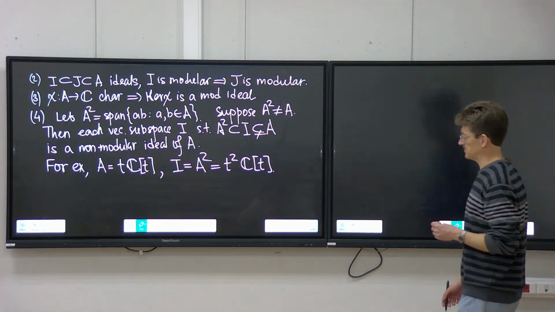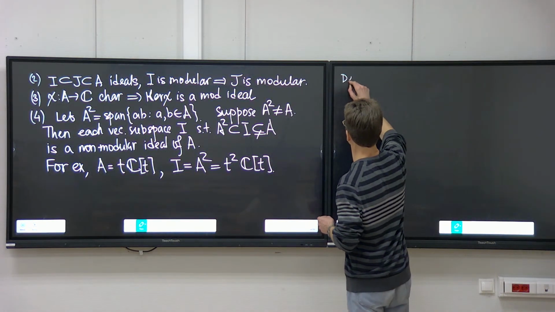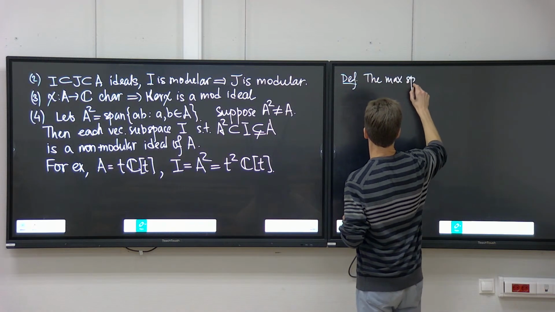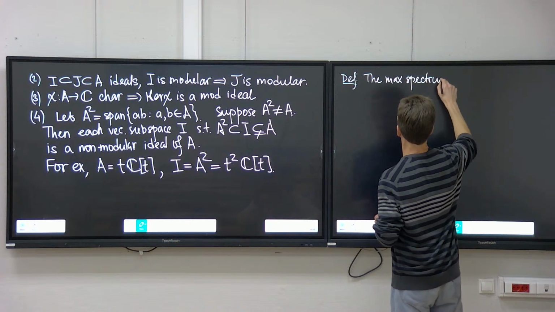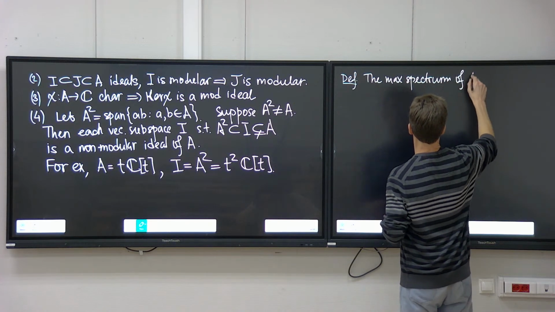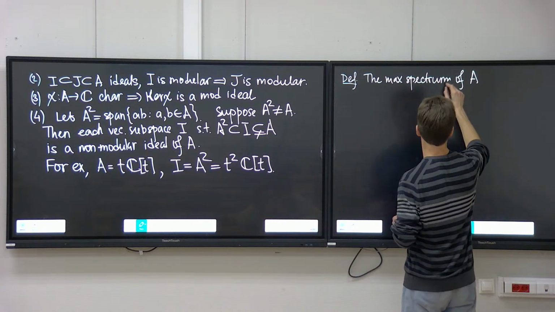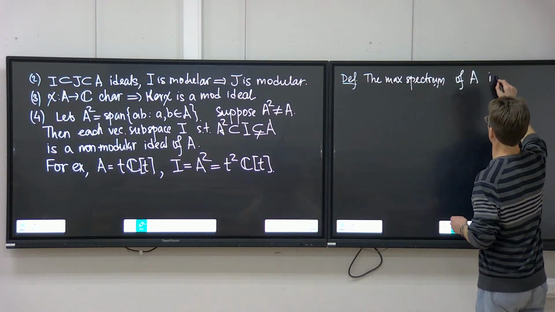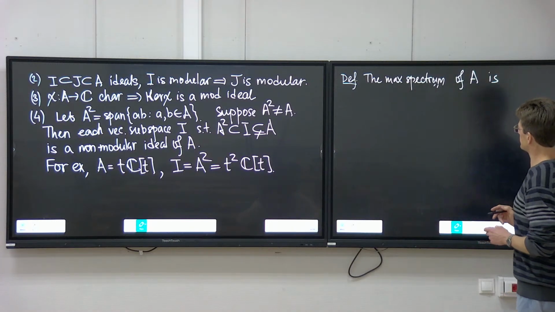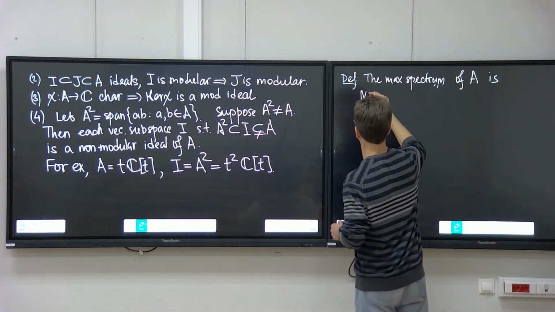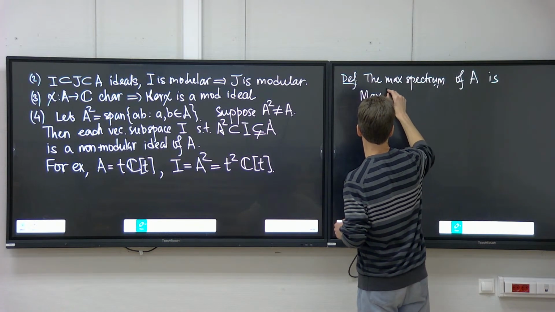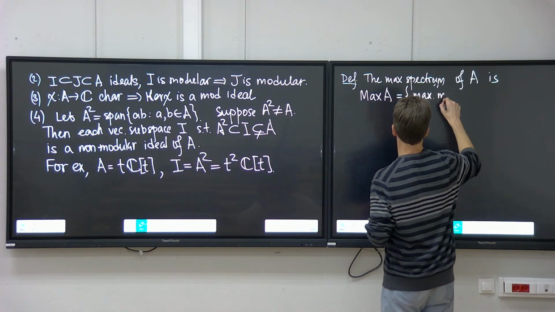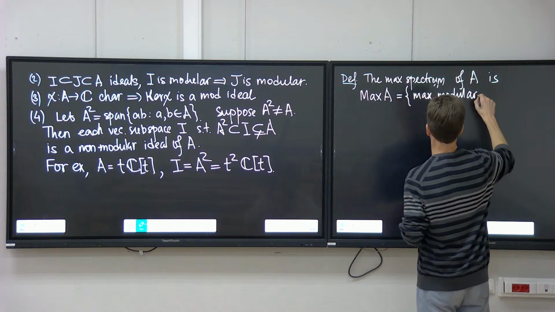Okay, now we define the maximal spectrum of a non-unital algebra A to be the set of all modular maximal ideals.